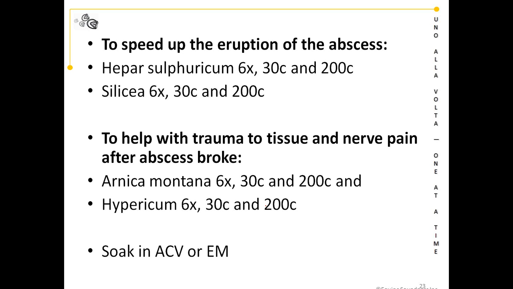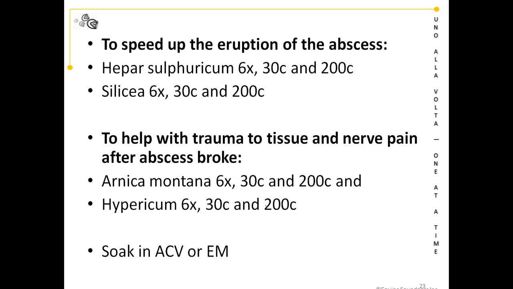So then in order to resolve the abscess, I give 6x, 30C and 200C of silicea, also known as silica. Depends a little bit which company makes it. You can order all these things on the internet, or you can buy some of them, not the 200C, but the 6x and the 30C you can buy in a health food store.